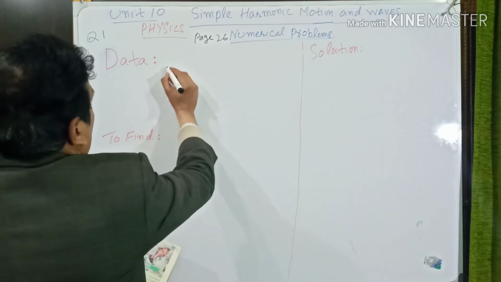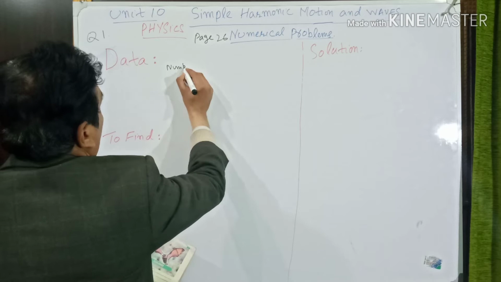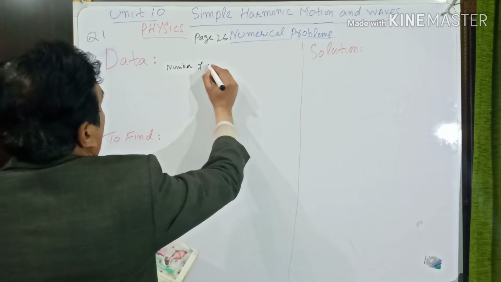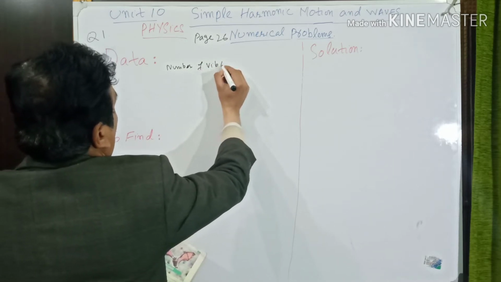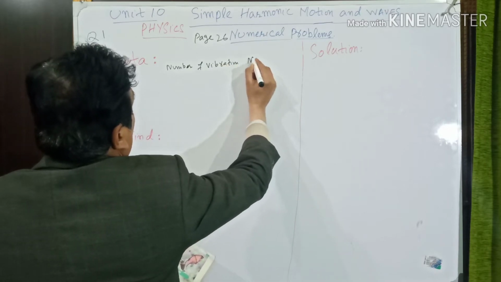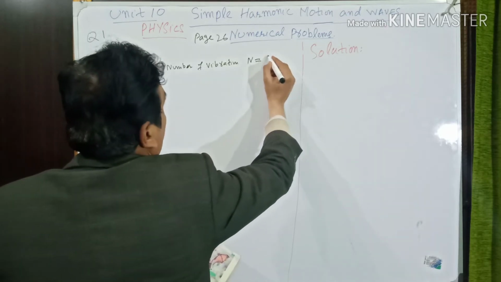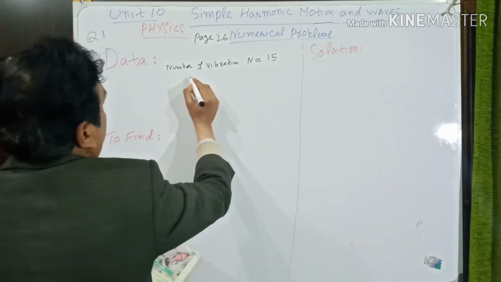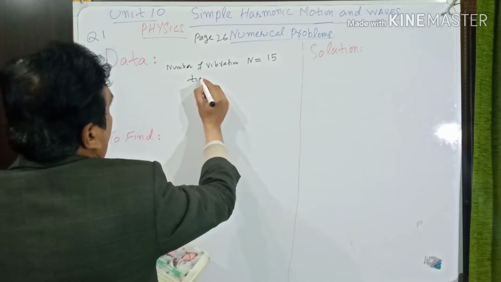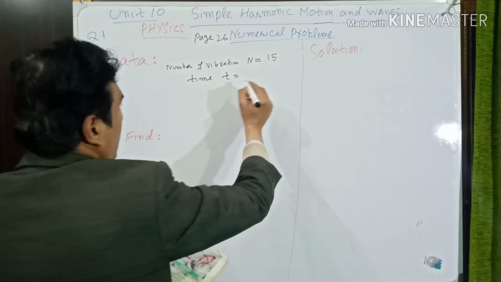Here the number of vibrations, which is denoted by N, is 15, and time t is given, 12 seconds.